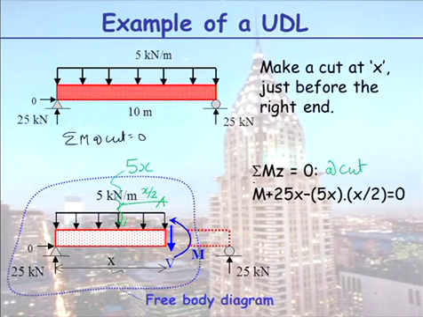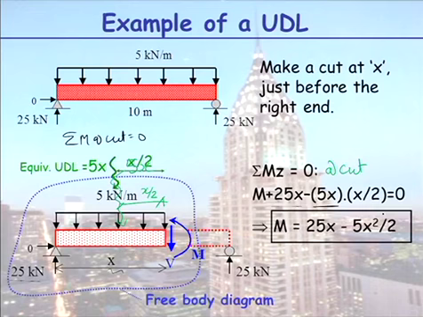What have I got? I've got M, my moment. I have my reaction at 25 times my distance x. This 5x is my load down, my distance is x on 2, and I have an expression here for my moment. You can see it's a quadratic, some sort of parabola. When x is 0, what's my moment equal to? 0.